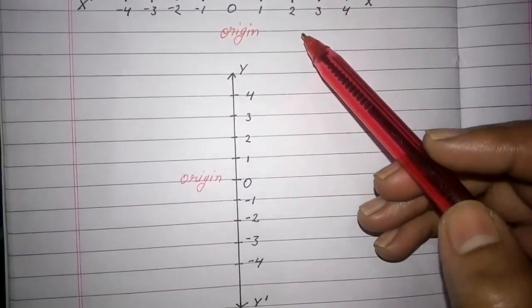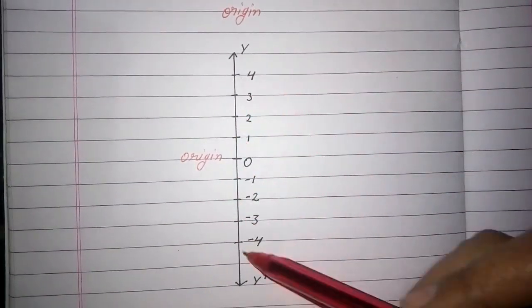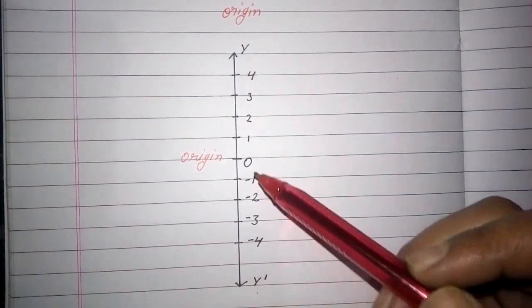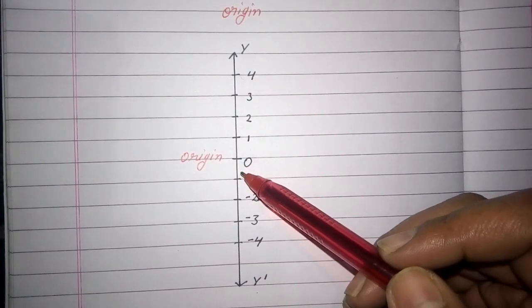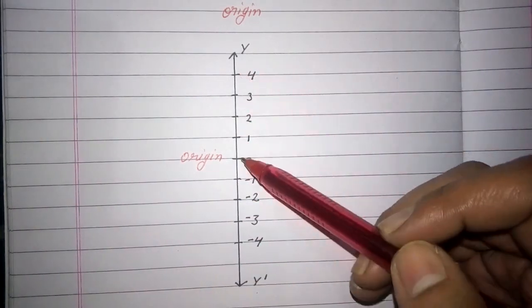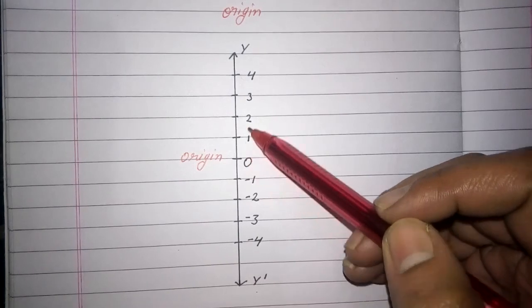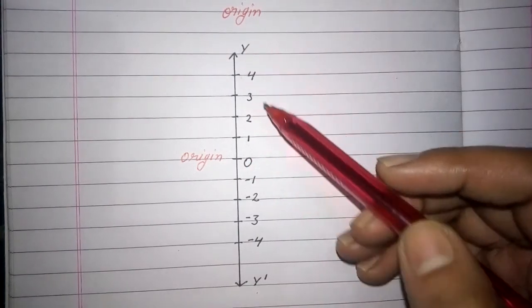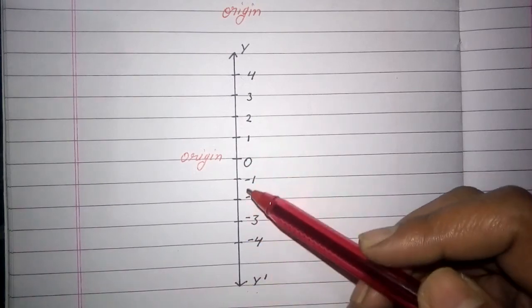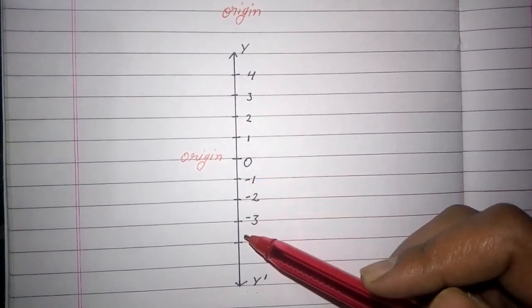Same in the vertical number line. This is y and y dash. Y dash shows the negative y axis and y shows the positive y axis. From 0 to y it is the positive y axis, and from 0 to y dash it is the negative y axis.